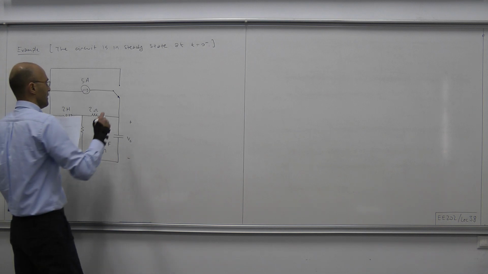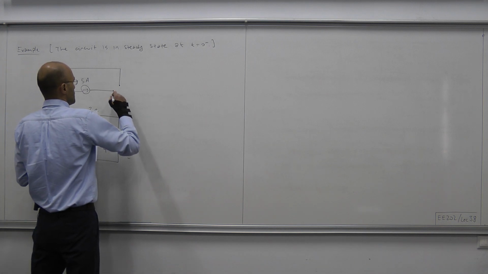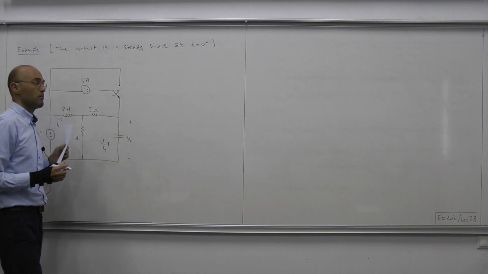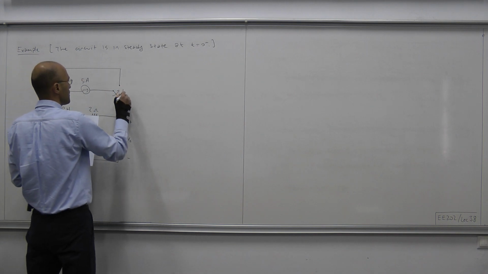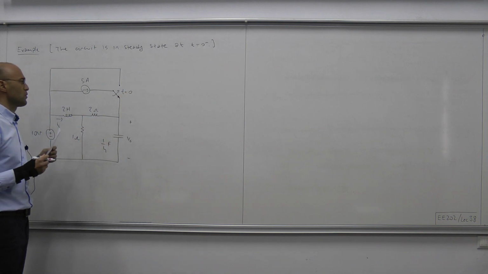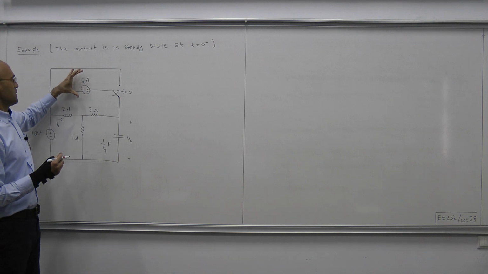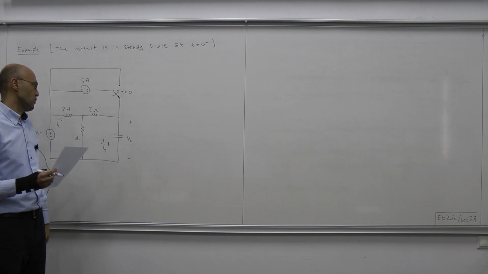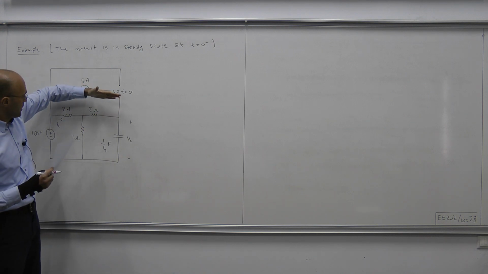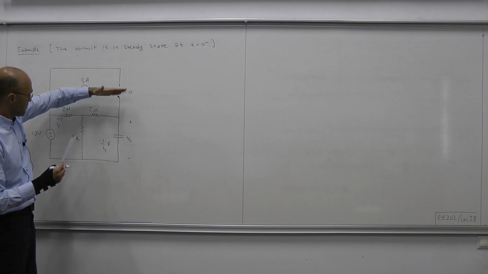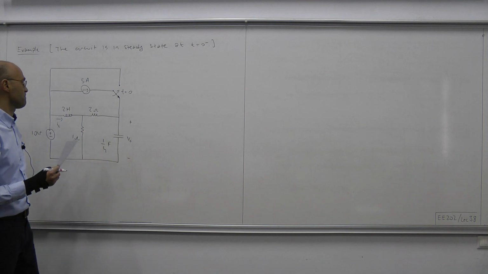Now, the switch moves from the bottom position to top position at t equals 0. So what happens is at t equals 0, you remove this 5 amp current source. And then what remains is the circuit that appears below this line.